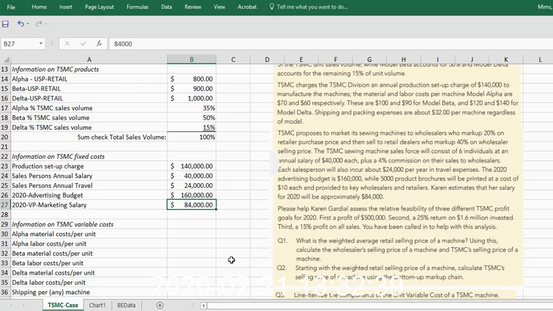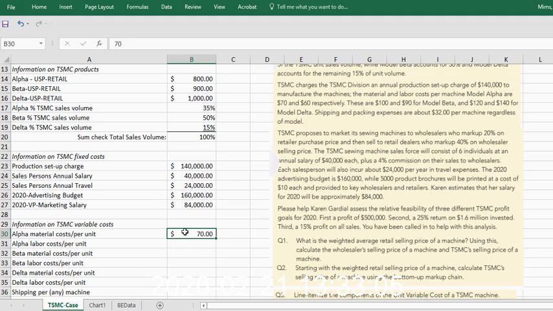Remember, our outputs is where we do calculations. But we have some variable costs here. Outside of that setup charge, the material and labor cost per machine is, for Alpha, $70 and $60 respectively. So that we can read that as $70 of material costs for the Alpha model, $60 in labor costs for the Alpha model.